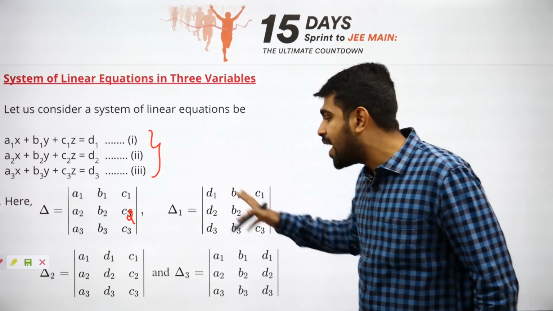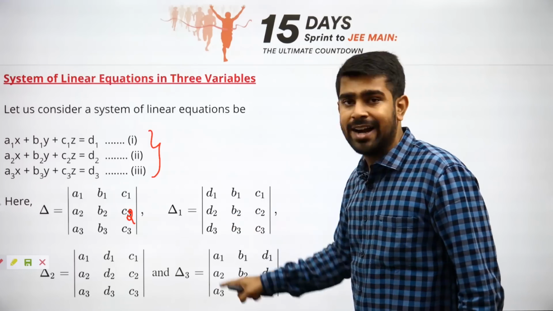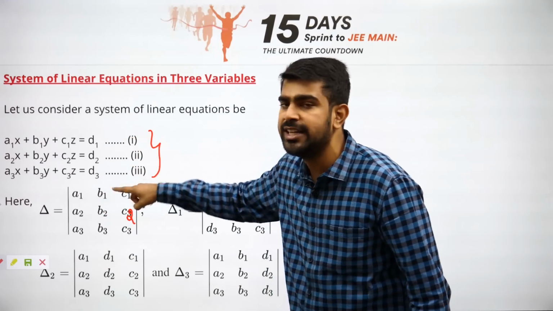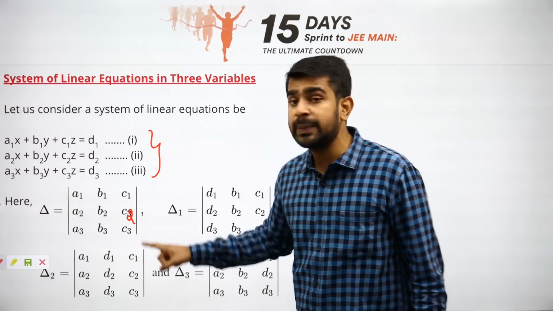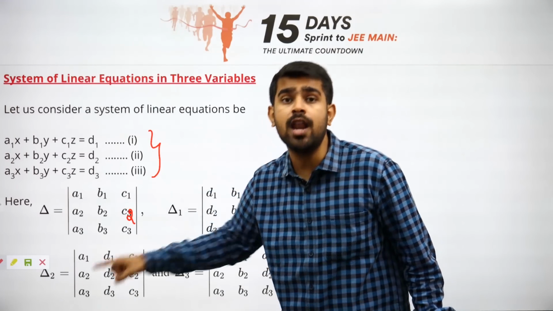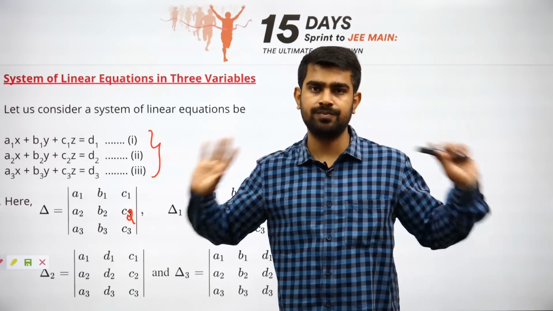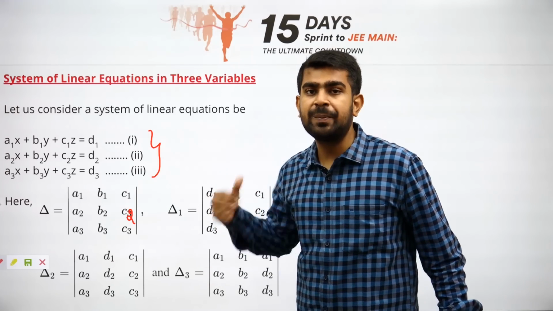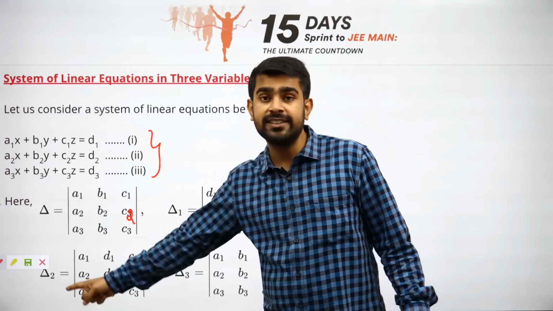And what are delta 1, delta 2, delta 3? Guys, listen very carefully. Delta 1 is replacing the first column of delta with D1, D2, D3. That's it. Now, can you tell me what is delta 2?